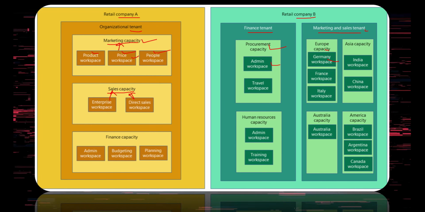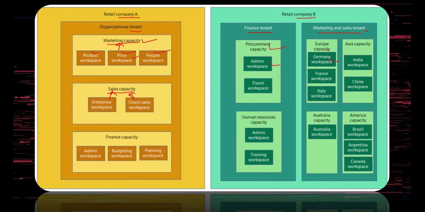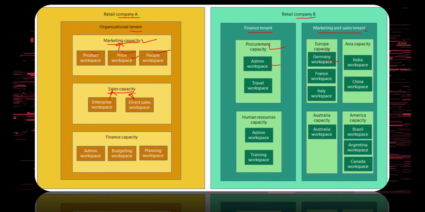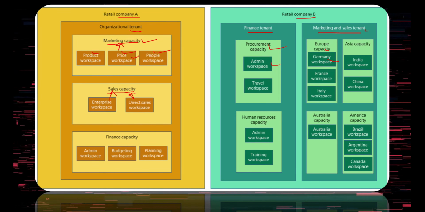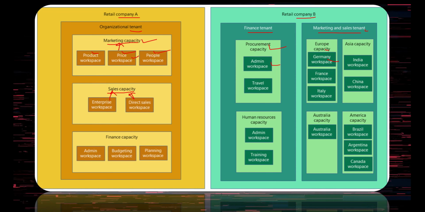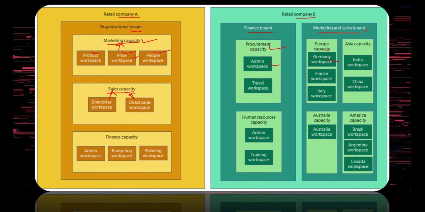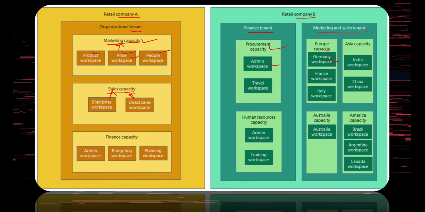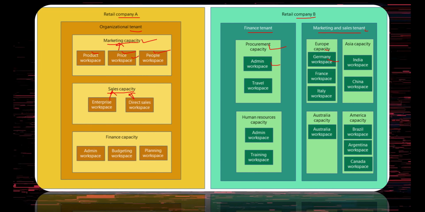Again they have segregated based on some organization level. They want this kind of segregation, like procurement and human resource, which are separate business units basically, right? And inside that you have an admin workspace and a travel workspace, which are charging to the procurement capacity, and similarly here admin and workspace which are charging to the human resource capacity.